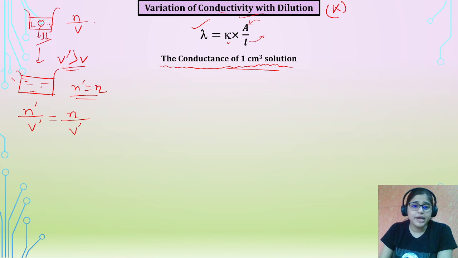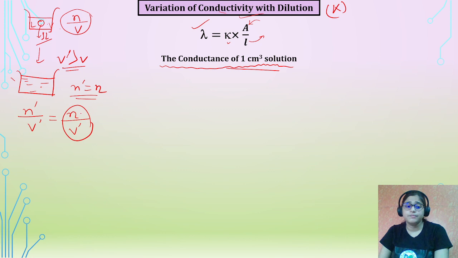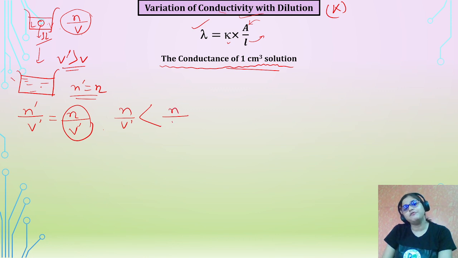So if we compare N by V and N by V dash, which one is more? We know here V dash is greater than V, right? So the denominator is more than this one. So N by V dash will be less than N by V.